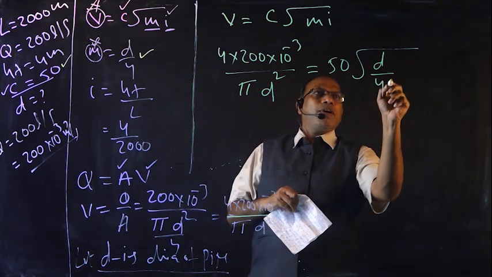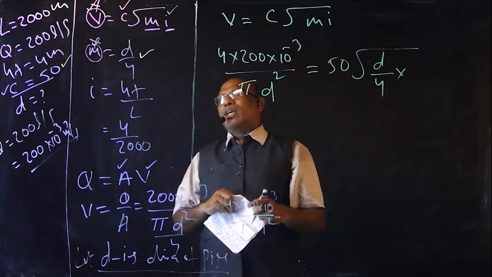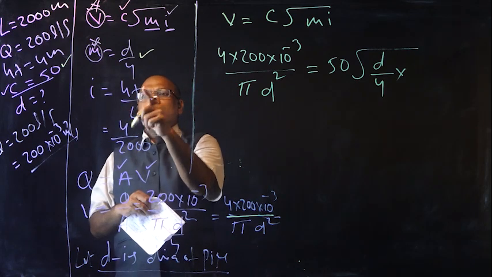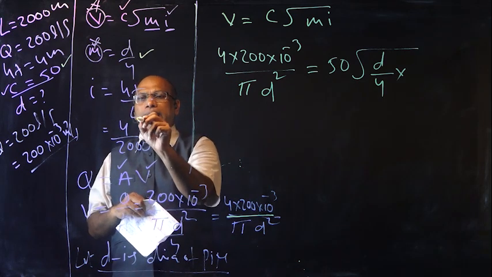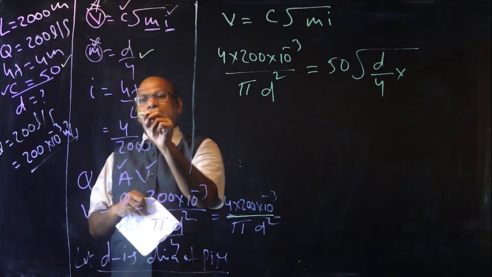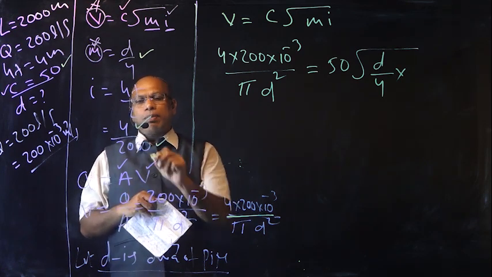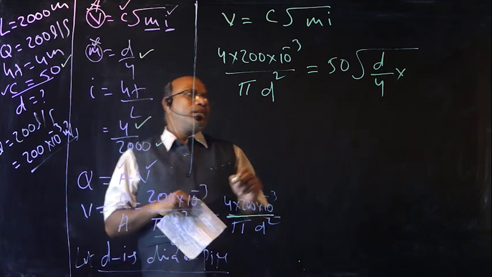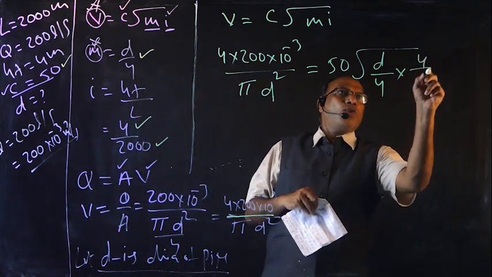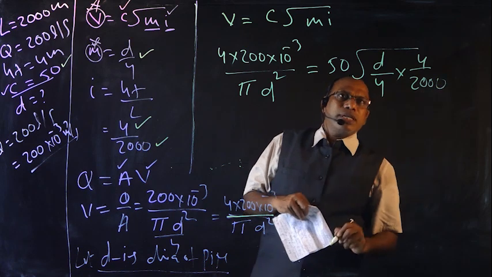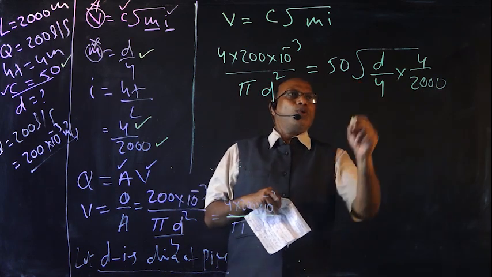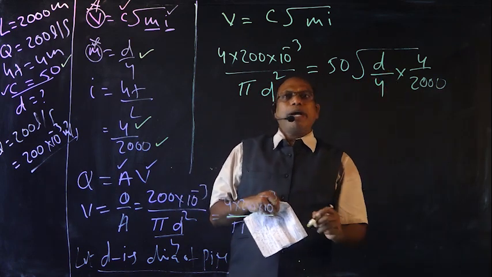This is equal to D by 4 into I. We know one standard formula, I is equal to HF divided by L, head loss due to friction divided by L. Head loss due to friction is given in the problem. Length of the pipeline is also given in the problem, that is 2000 meters. Therefore, I is equal to 4 divided by 2000. Finally, we are going to determine the diameter of the pipeline.